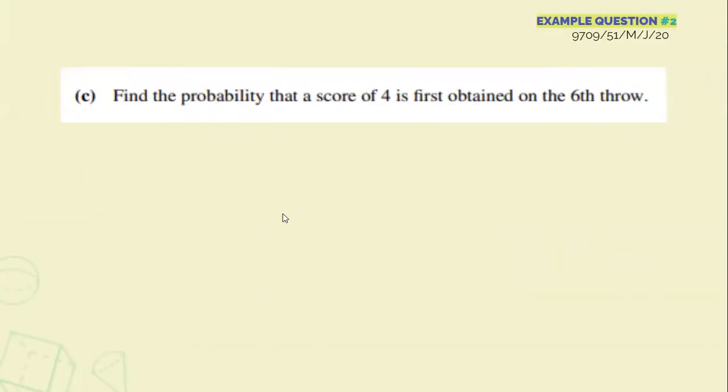Next question, C. Find the probability that a score of 4 is first obtained on the sixth throw. Here, we have to find the probability of getting a 4 for the first time on the sixth throw. That means the probability that X equals 6. Next, we can use the formula and substitute the values. This is the formula that we will be using.